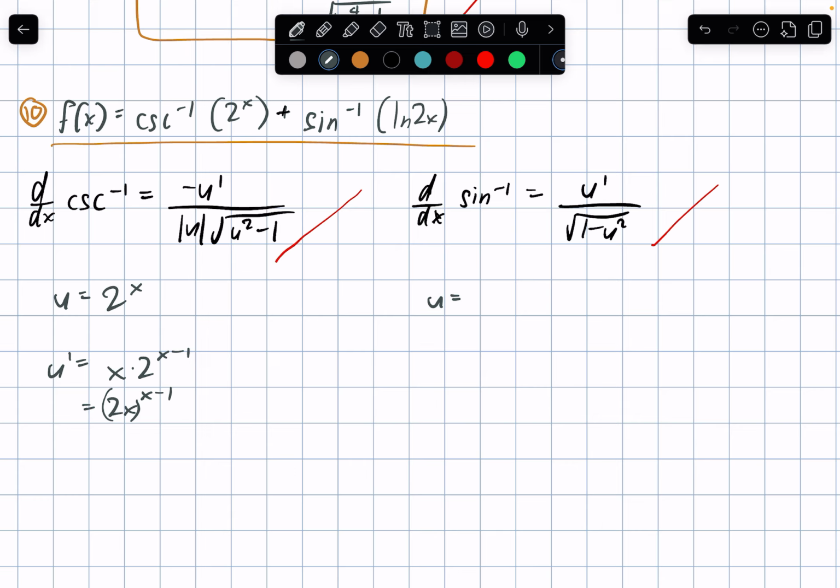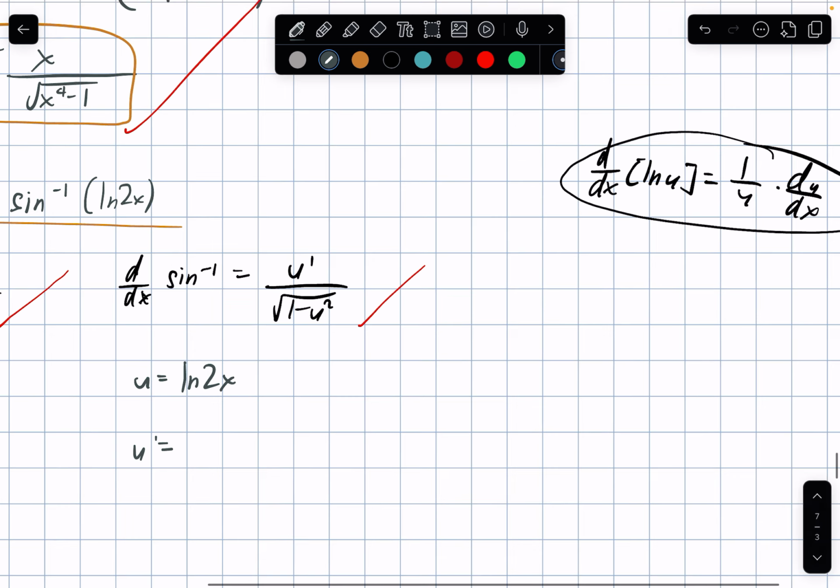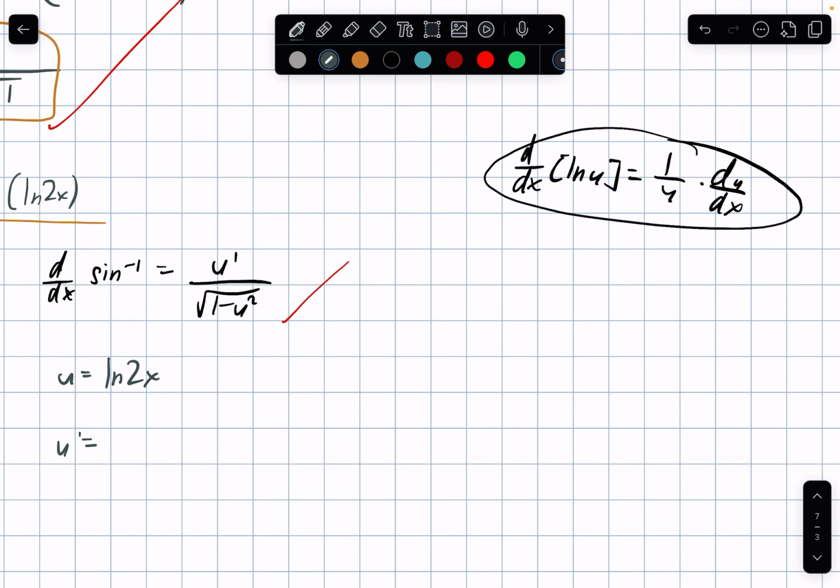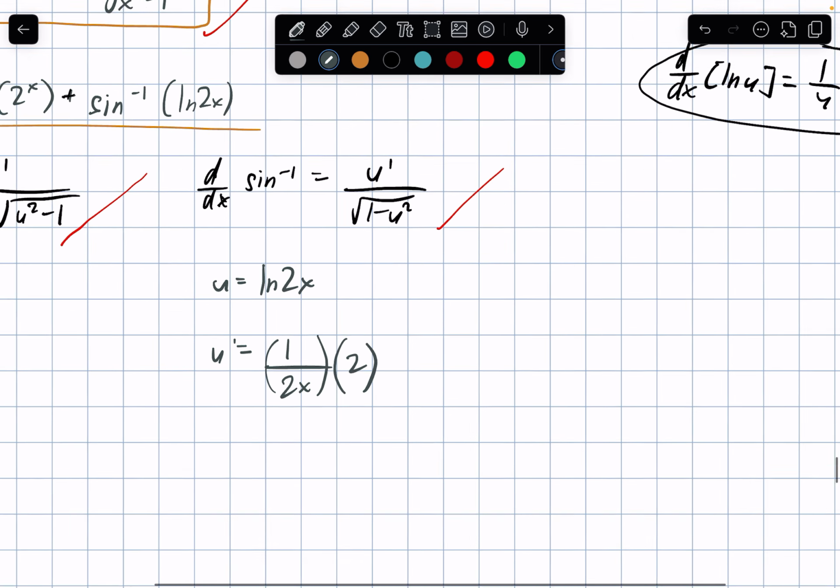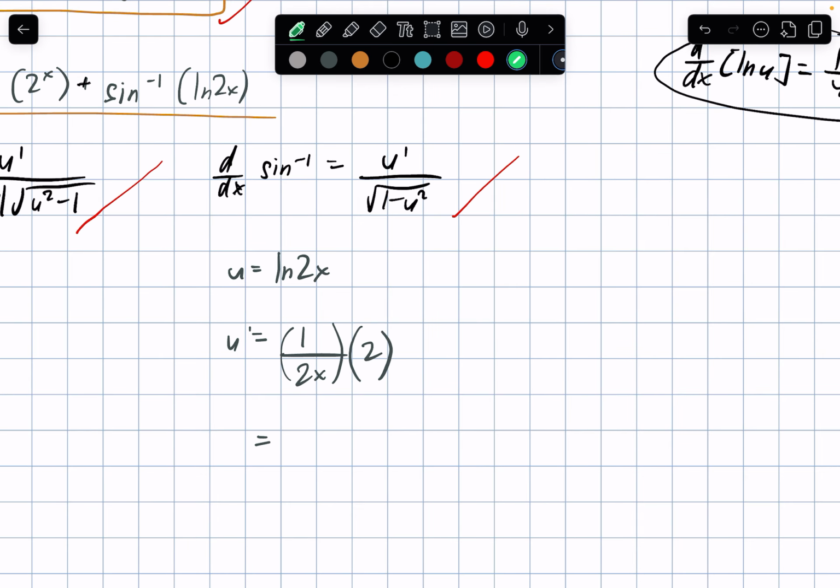So we have ln 2x. If we find the derivative, basing on this, it's going to be 1 over 2x times the derivative of u, which is 2x, so that's going to be 2. So they cancel. We have 1 over x.